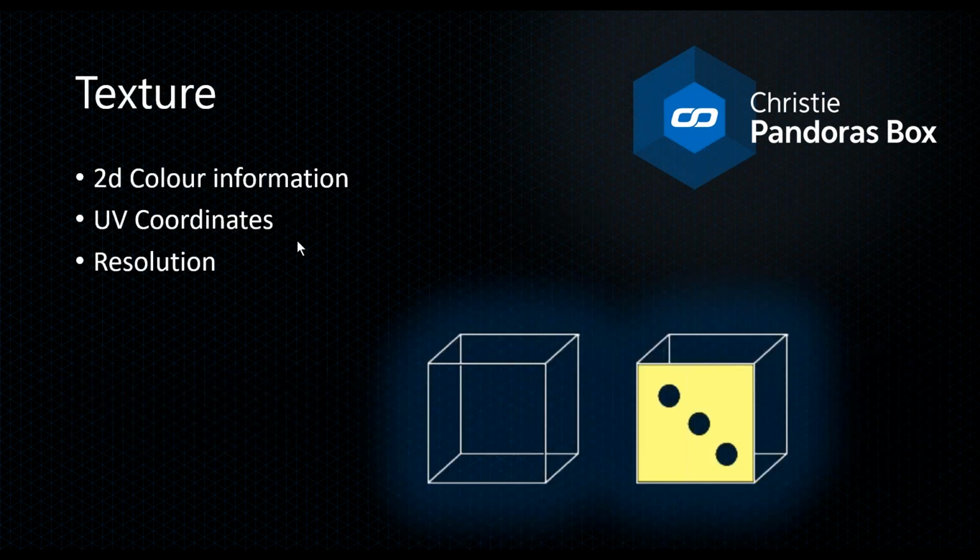And of course the texture that comes with it. Texture is always 2D information, and basically it's the information which pixel has what color. Do not mix it up with coordinates in the virtual space. The coordinates for the texture are called UV, just to make them different from X and Y. Of course the texture has a resolution, so you can choose what amount of pixels this texture holds.